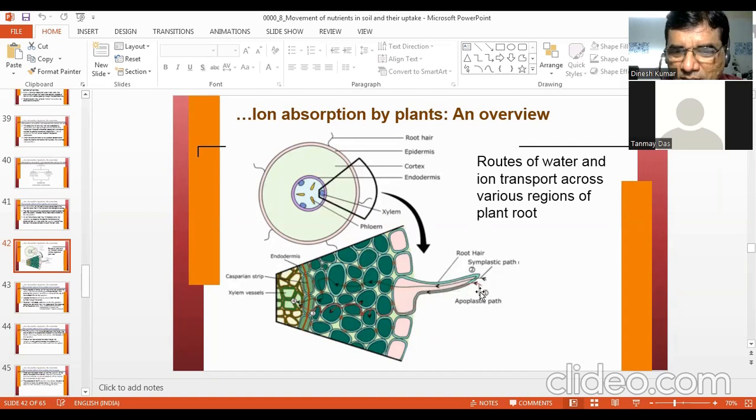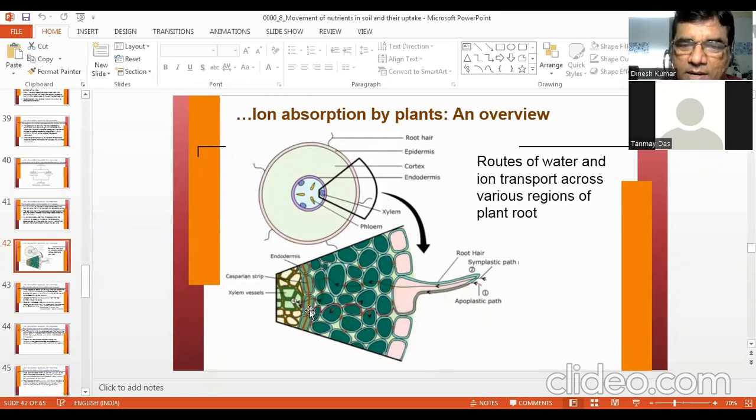One is apoplastic. Apoplastic is the area between the plasma lemma and cell wall. You can see this is apoplastic movement, and it can go through like this. I don't know whether you are able to see it or not. So this is apoplastic movement. But when it reaches the endodermis, it cannot enter the xylem through the apoplastic route.